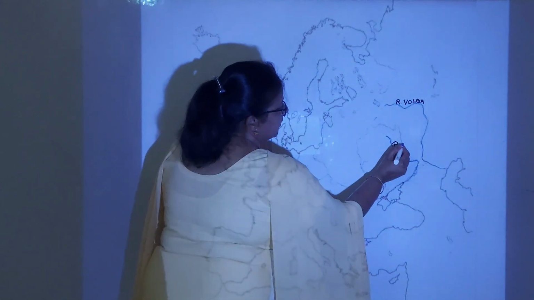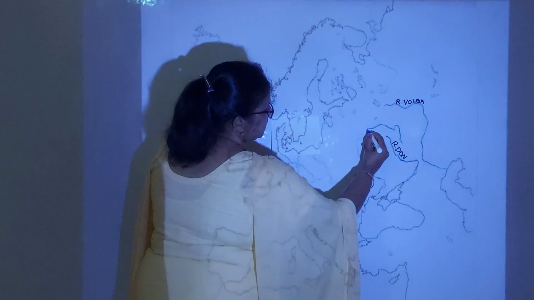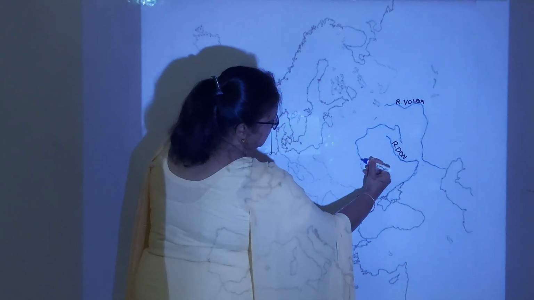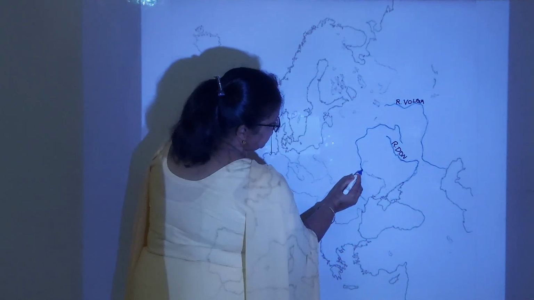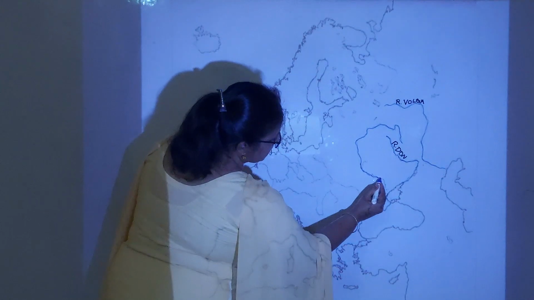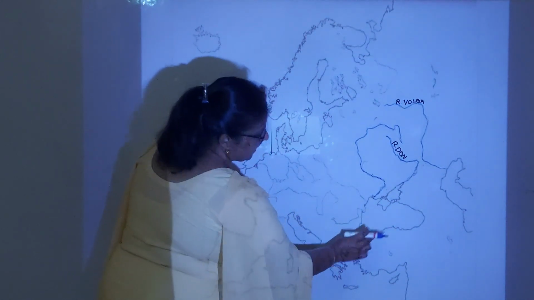Next comes river Dnieper. So you will be again using your blue pen, marking it with the color blue, and let it empty in the Black Sea.